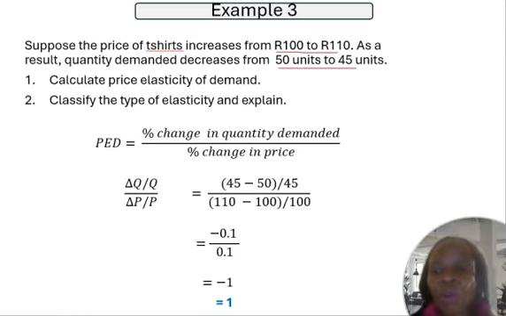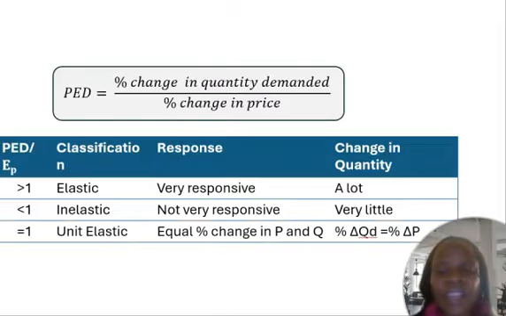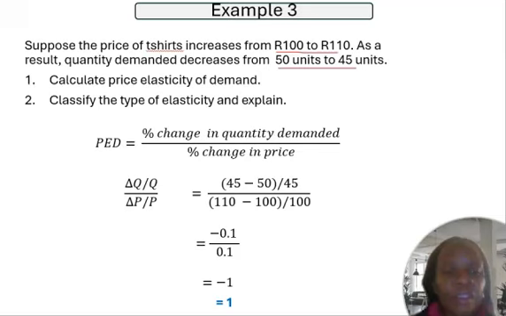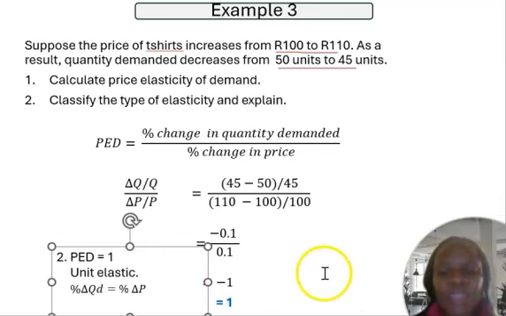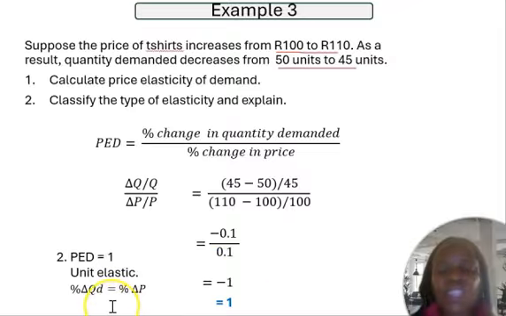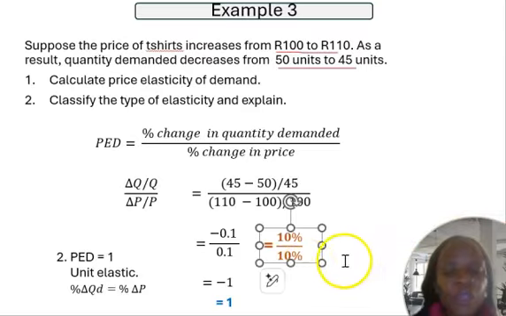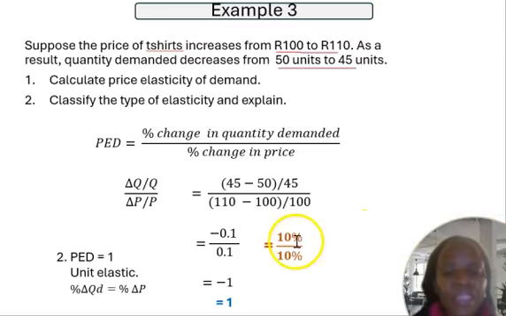And we know when we look at our classification that if PED equals 1, we say it's unit elastic, meaning that the percentage change in quantity demanded equals the percentage change in price. And we can see this by converting this equation into a percentage. A change of 10% in price leads to a change of 10% in quantity demanded.